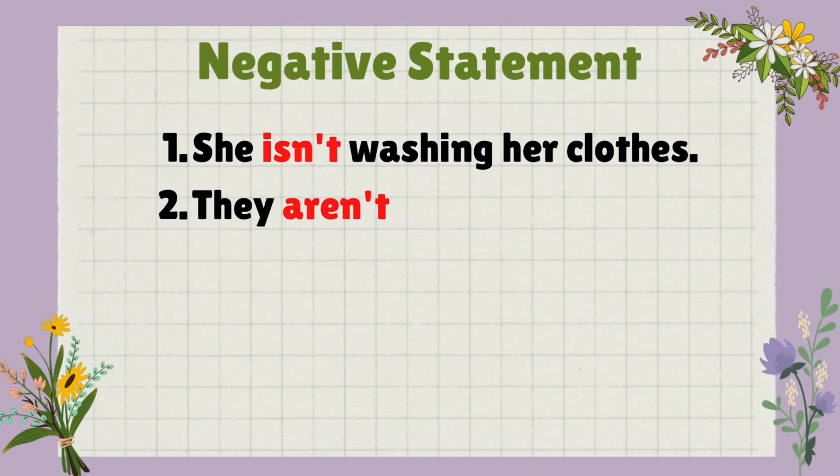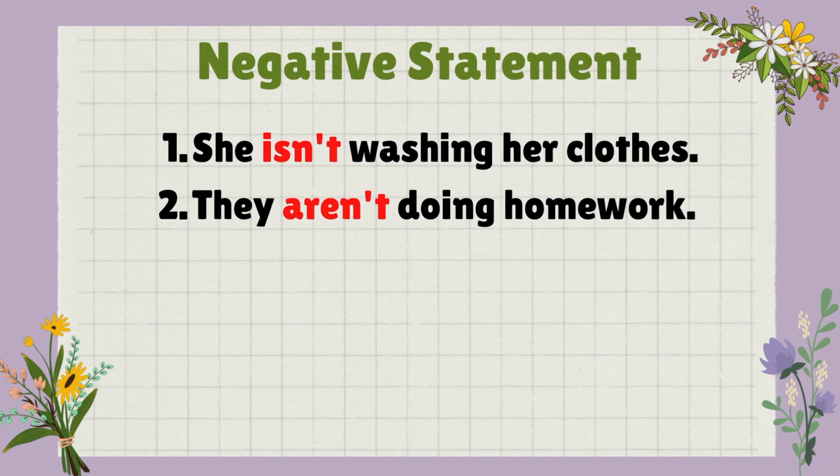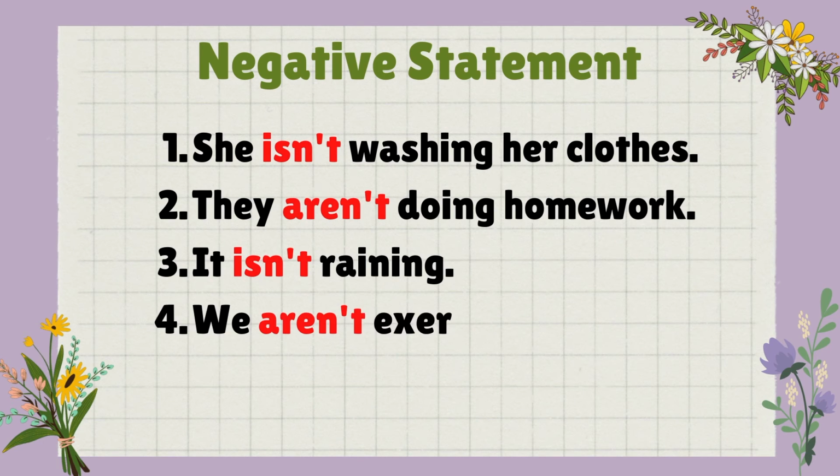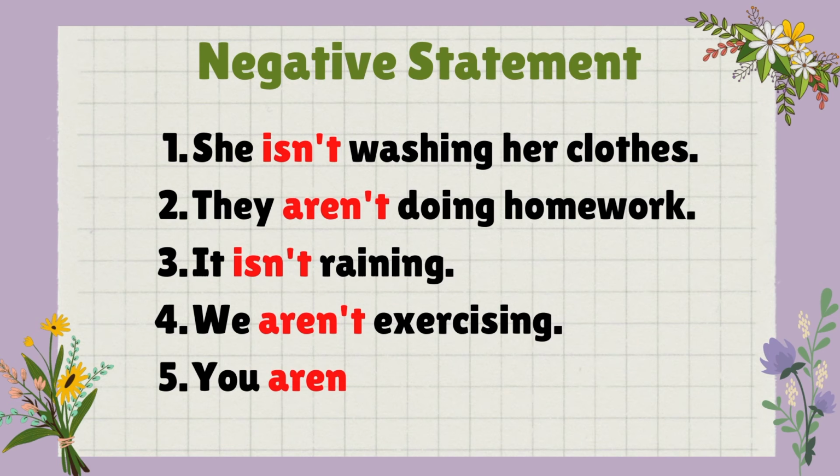She isn't washing her clothes. Number 2. They aren't doing homework. Number 3. It isn't raining. Number 4. We aren't exercising. Number 5. You aren't crying. Please make sure your spelling from the be verb are correct.